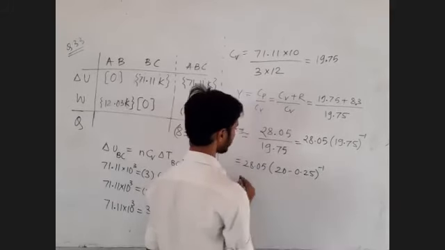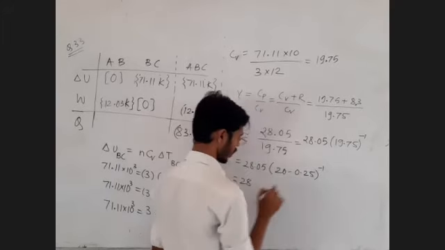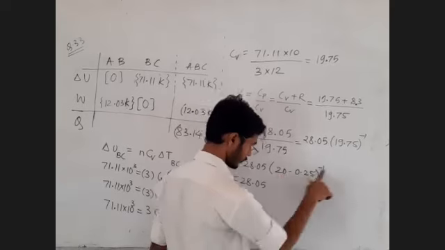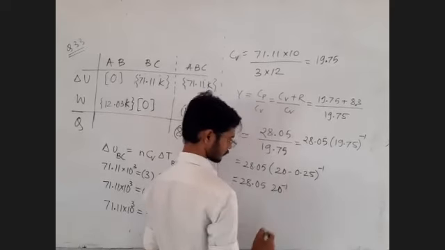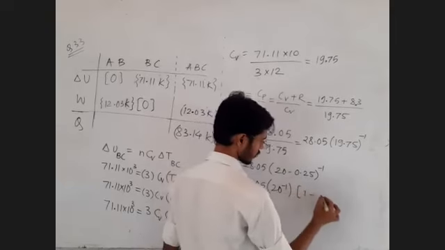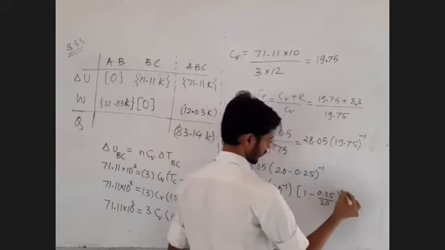Now taking 20 common. 20 common means 20 raised to minus 1 common. Don't make that mistake. 20 raised to minus 1 common. Now 20 upon 20 is 1, and 0.25 upon 20, raised to minus 1 as it is.